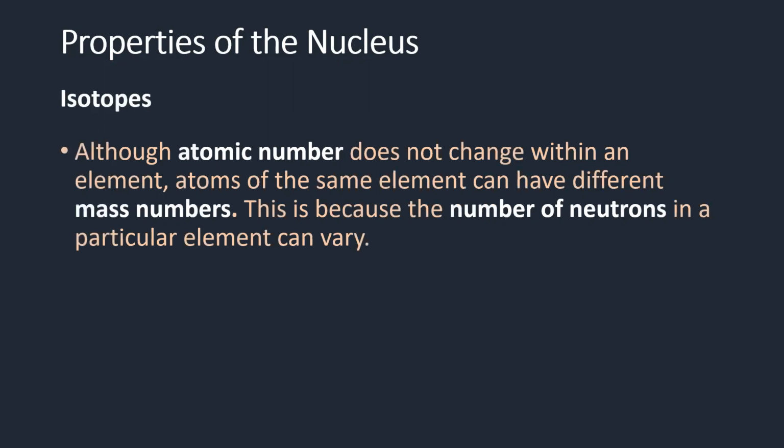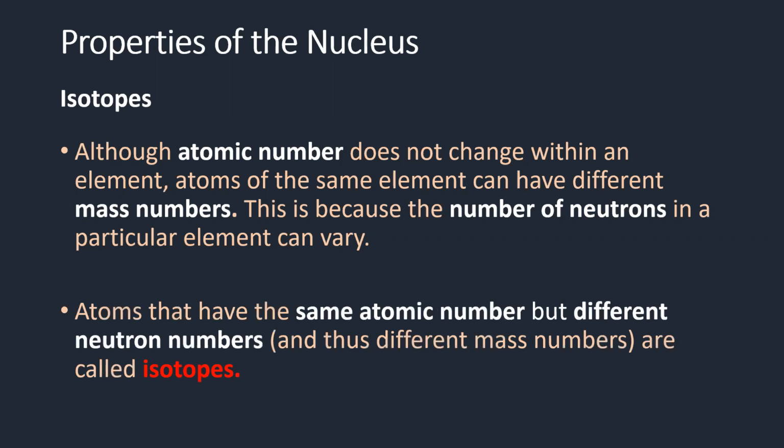So what makes an isotope? Well, atomic number really gives you the identity of the element, right? The atomic number doesn't change with the element. The atoms of the same element can have different mass numbers, okay? This is because the number of neutrons in each particular element can vary. Remember how we would look at the periodic table and have those long numbers with the decimal after them? Even those were averages.